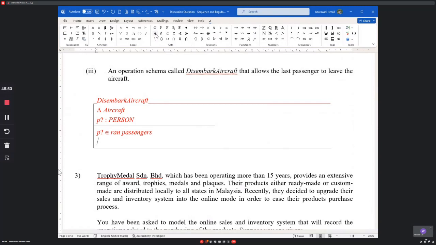But we have to make sure that, because our system is actually last in, first out, the passenger that you want to allow to disembark the aircraft must be the last in our system. So we can put P? equals to last passengers.